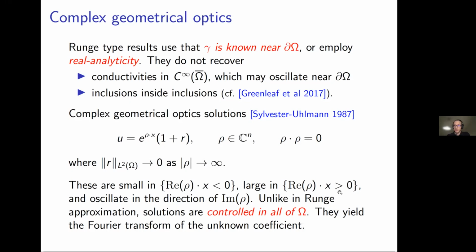So they blow up in a half space, and they are almost like 0 in another half space. So there are some kind of localized potentials, but unlike in the Runge approximation, these solutions you control in the whole domain. There's no exceptional set like we had before. And these can be used to deal with this C infinity and the low regularity cases as well.